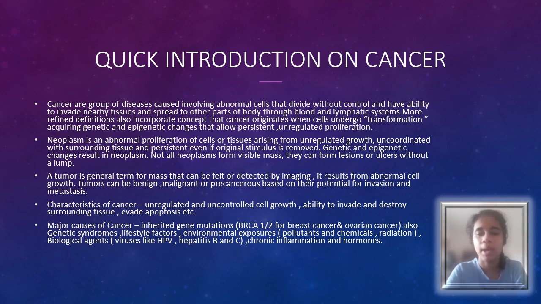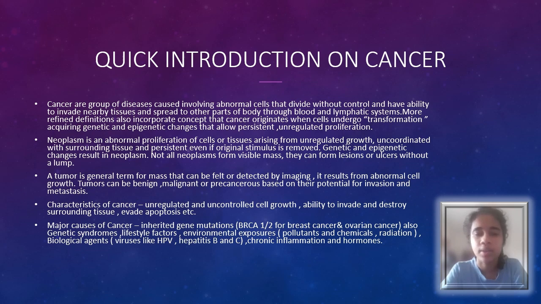There are two terms that are used interchangeably when it comes to cancer, for this abnormal mass of cells: neoplasm and tumor. A neoplasm is an abnormal proliferation of cells or tissues that arises from unregulated and uncoordinated growth with surrounding tissue, and this mass of cells persists even if the original stimulus is removed.